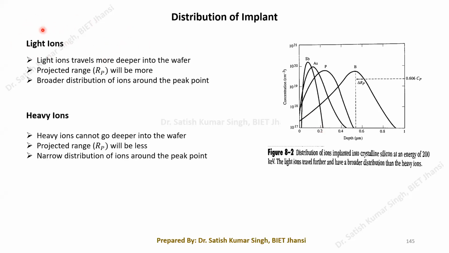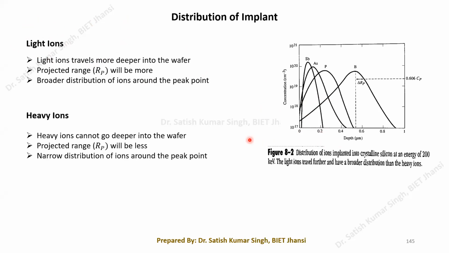whenever we have light ions, we are going to have a greater average distance traveled by the atoms, which is called the projected range. As I said, the ion will enter the material, get deflected and scattered by the atoms within the target material, and somewhere it is going to stop.